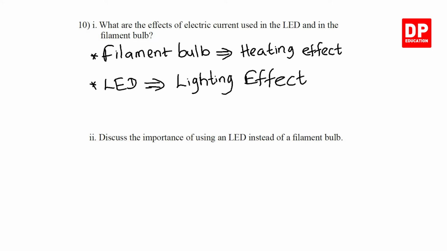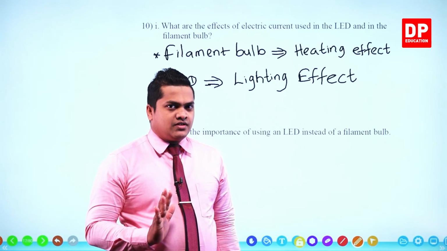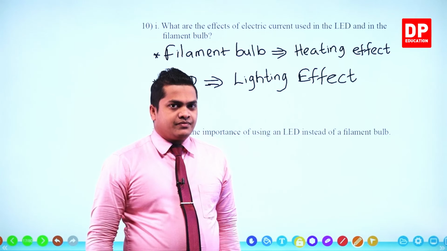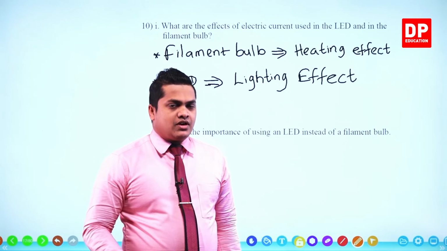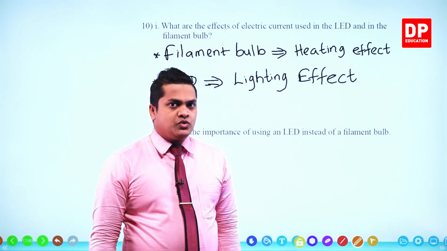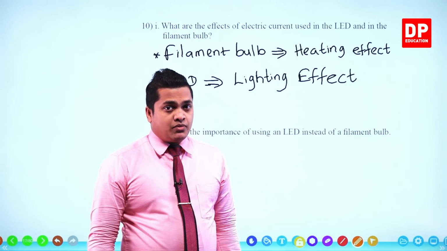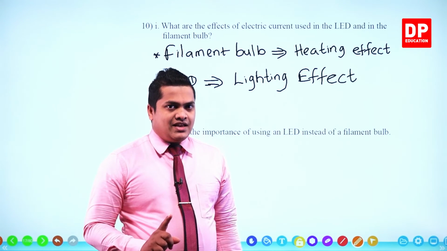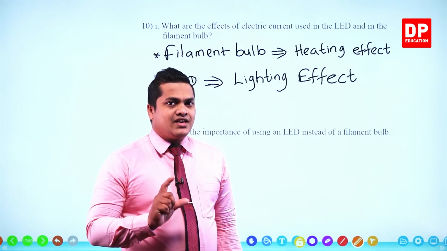Discuss the importance of using an LED instead of a filament bulb. So my dear children, we discussed several uses when using LED over a filament bulb, right? I think you could remember. Now let's memorize once again what are those important facts. First thing is that in an LED, less energy is getting consumed.